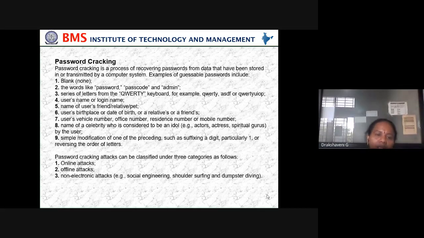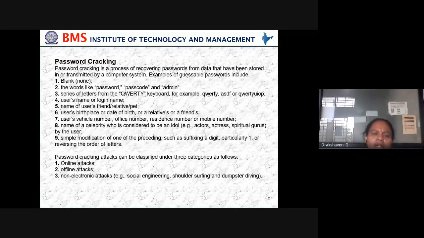Password cracking attacks can be classified into three categories. One is online attacks, another is offline attacks, and one more is non-electronic attacks. Examples: social engineering, shoulder surfing, dumpster diving.